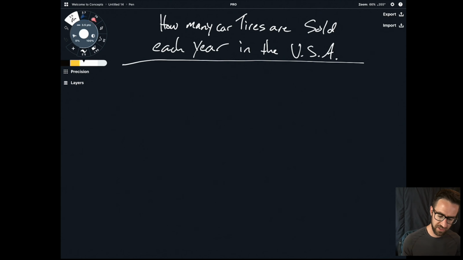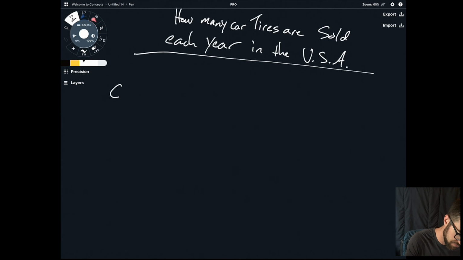All right, so the first thing you do, you'd ask yourself the question, how many tires are sold each year in the USA? You can't just answer that question blindly. If you have the answer, then you already know the answer, right? You wouldn't really need to think through anything more than just pulling up the answer. But tires are tied to cars, okay?